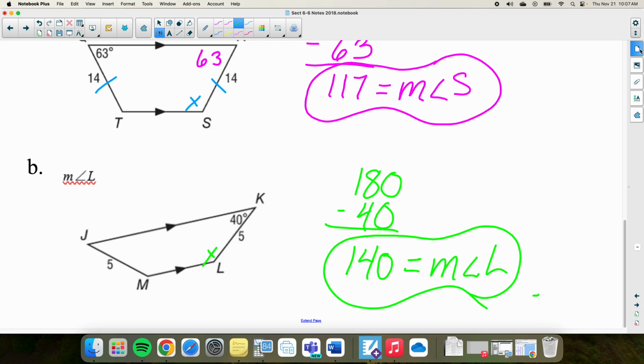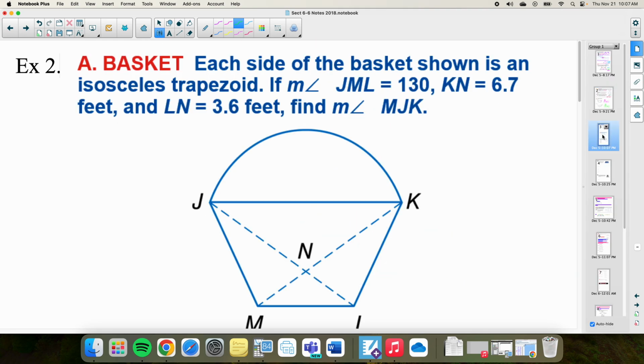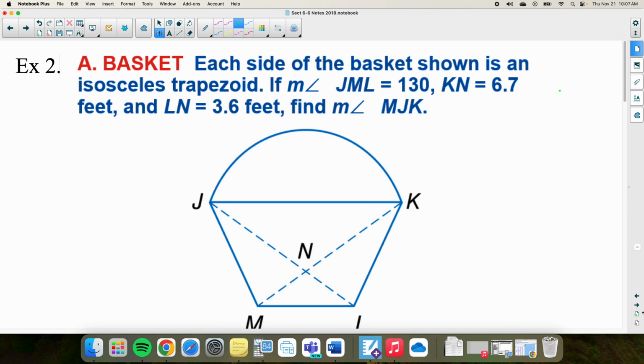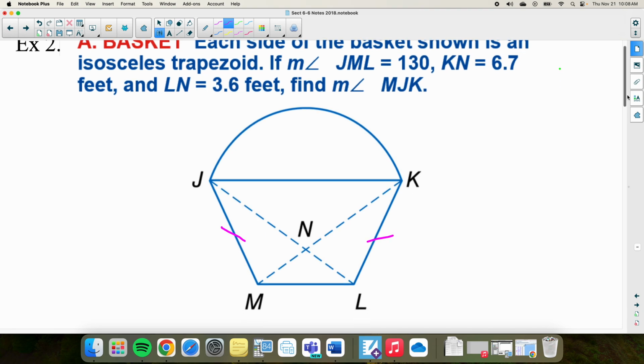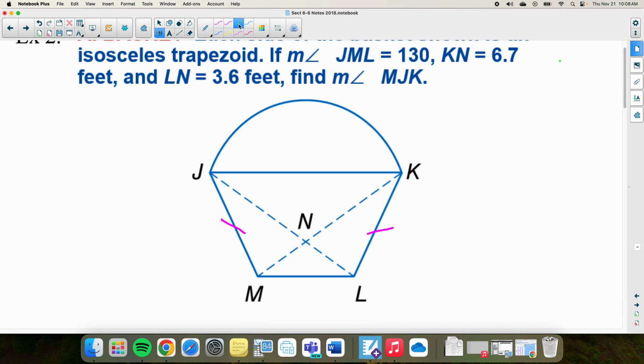Okay. All right, now let's look at this. It says each side of the basket shown is an isosceles trapezoid. So this basket right here is isosceles, so these two sides are equal. It says the measure of angle JML is this angle right here, and they tell us it's 130, okay?